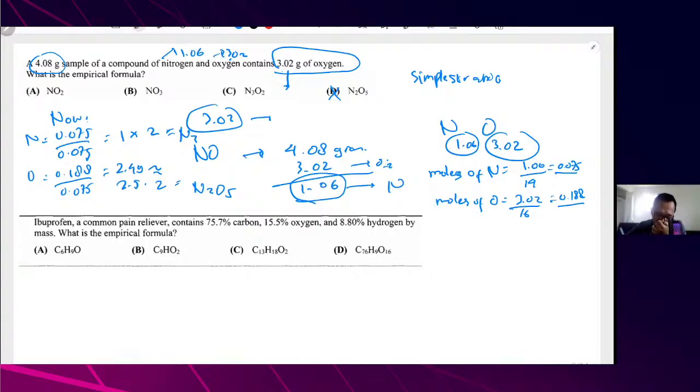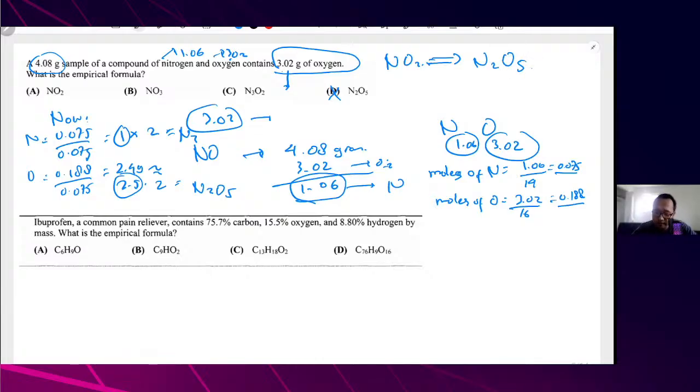Then we calculate the moles, and after that we divide by the smaller one, which is nitrogen, and we get the ratio of 1 to 2.5. Since N1 O2.5 is uncommon, we need to make it common, so it becomes N2O5.